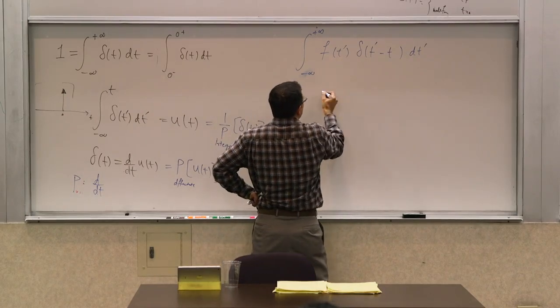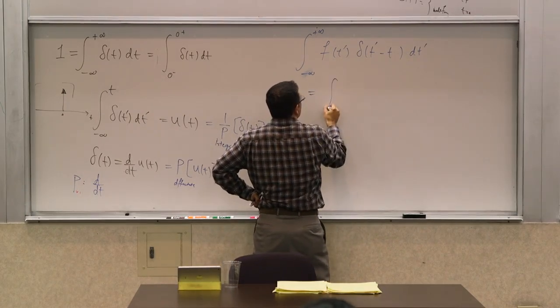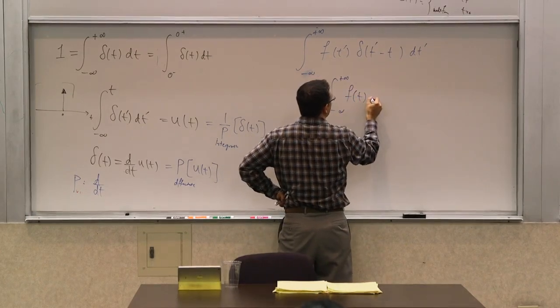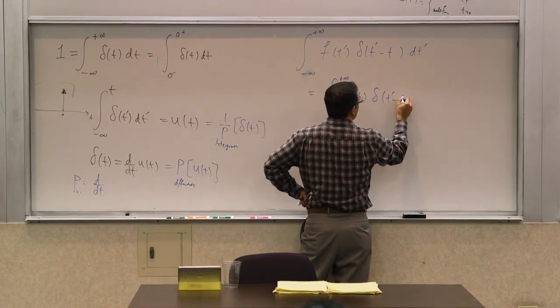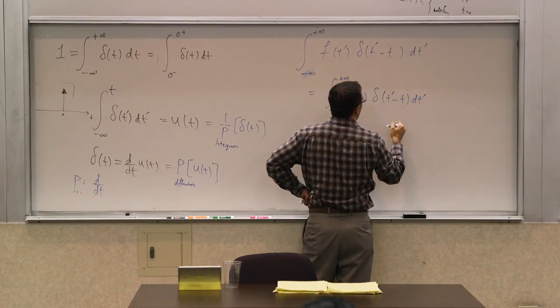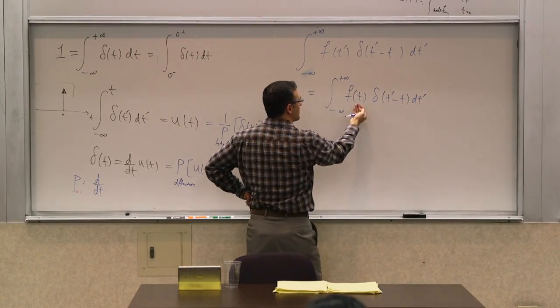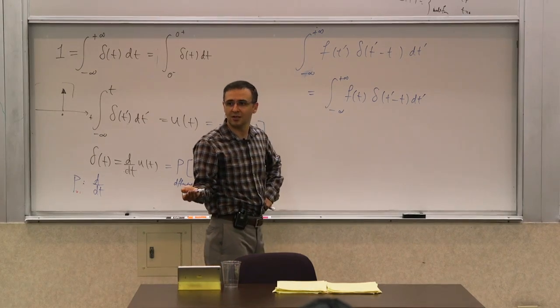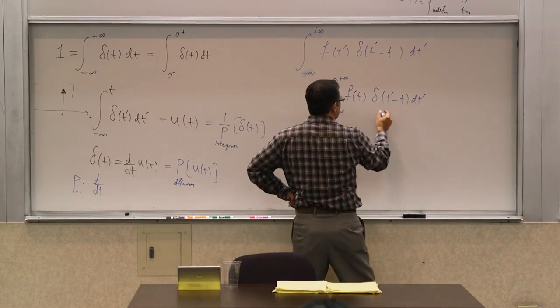So I might as well write this as the integral from negative infinity to positive infinity of f of t delta of t prime minus t dt prime. But now this integral is over t prime. So t is a constant as far as this integral is concerned, and I can take this constant out.